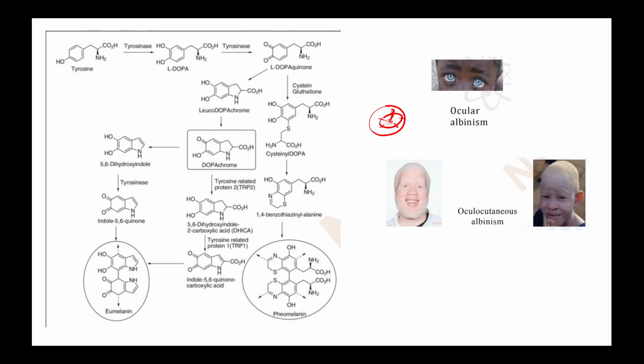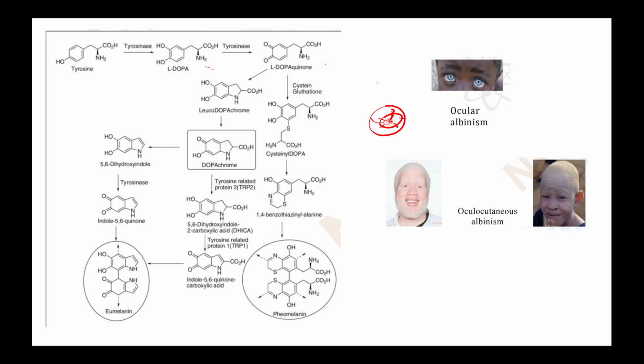Okay. And this melanin is synthesized in the melanosome and secreted out of the melanocyte to give the color to the skin or give the color to the hair. Okay. So inside the melanocyte, tyrosinase is present in the melanosome membrane, and tyrosinase converts the tyrosine into dopa.